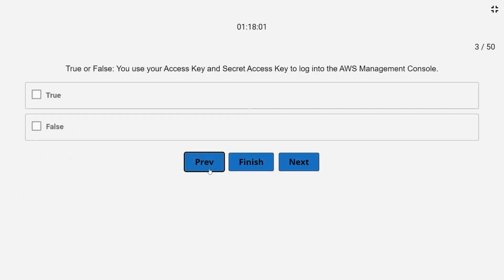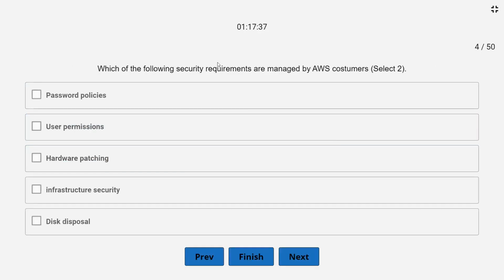All right. You use access key and secret access key to log in into AWS management console. True or false? A or B? Good. Which of the following security requirements are managed by AWS customers? Choose two. Any elimination first.